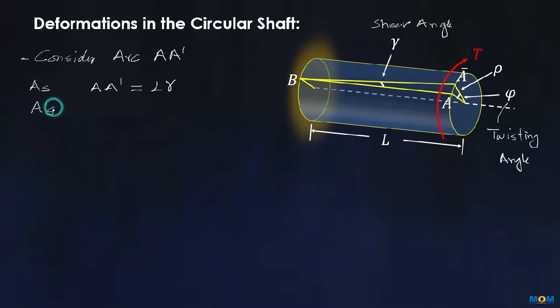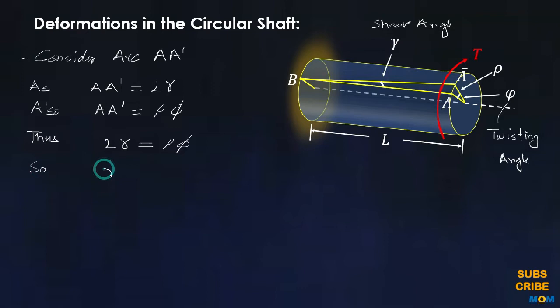Also we can write this arc A dash as rho phi. Thus we can write this expression as L gamma is equal to rho phi. So the shear strain gamma is equal to rho phi upon L.